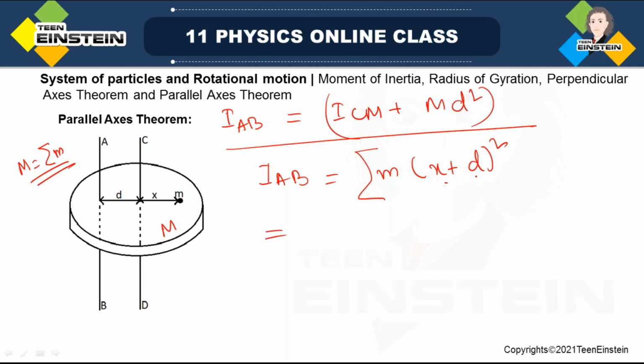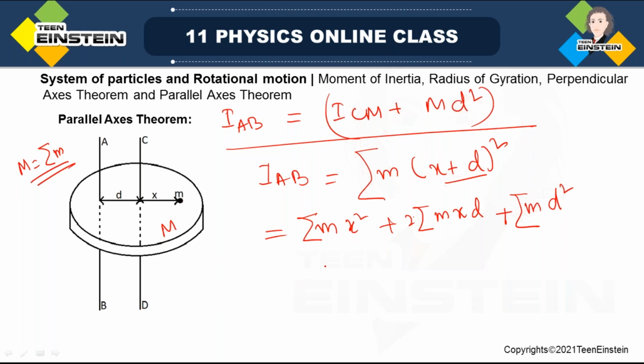If I break this whole square term, what do I get? Summation of m x square, plus 2 m x d, plus summation of m into d square.